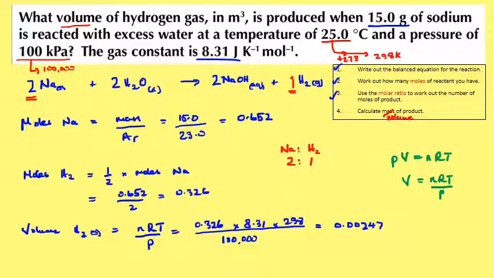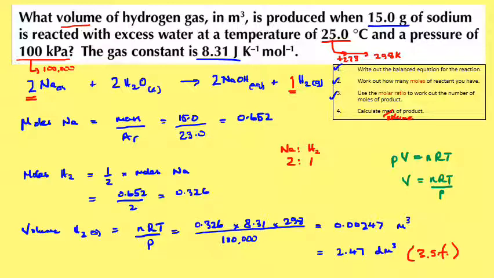The standard units for volume in the ideal gas equation are meters cubed. If we wanted to write that in decimeters cubed, we would multiply that by 1,000, so that would be 2.47 decimeters cubed. And we've given that to 3 significant figures, because our data in the question is to 3 significant figures. And there's our answer. Hope that was clear.